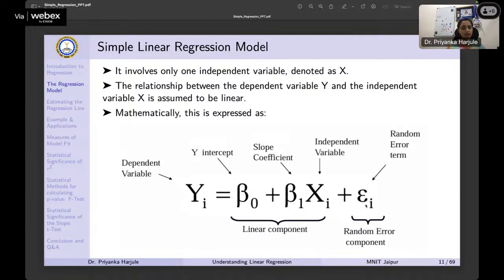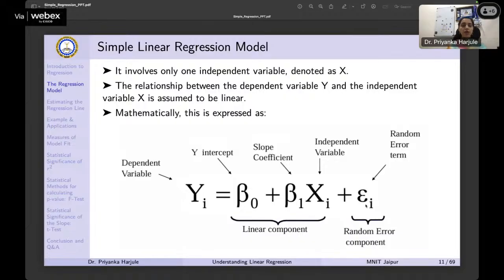This random error term is included to account for variability in the dependent variable yi that you cannot explain by this linear relationship with xi.